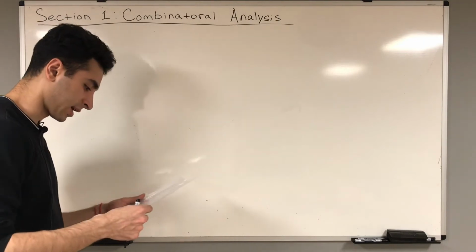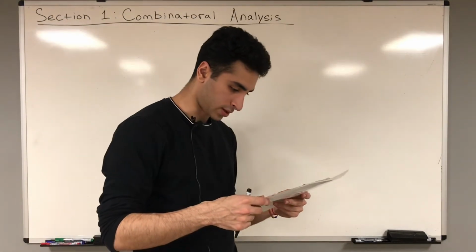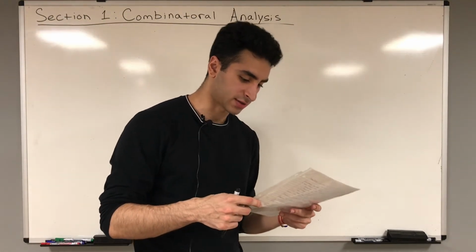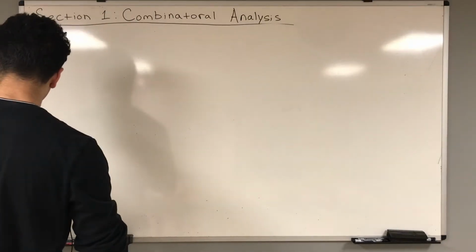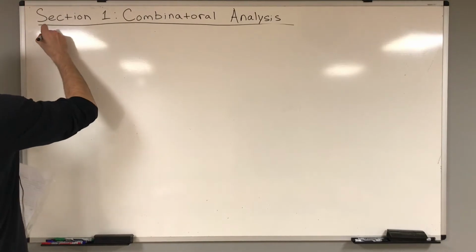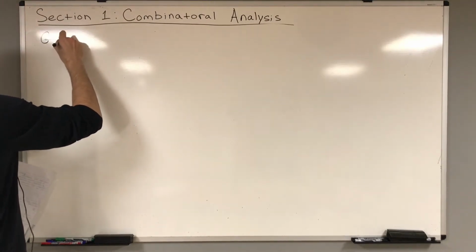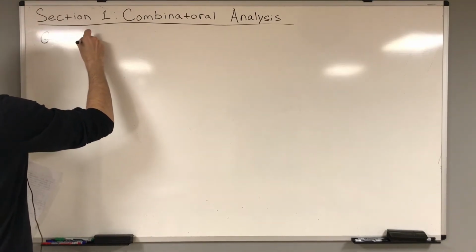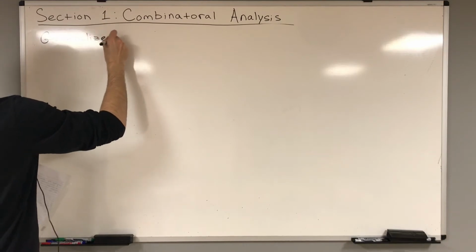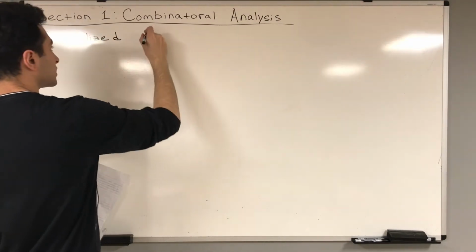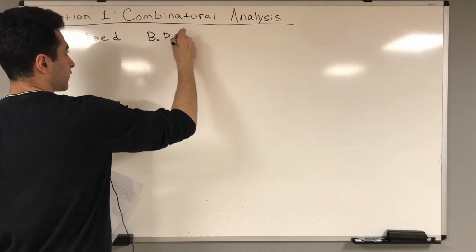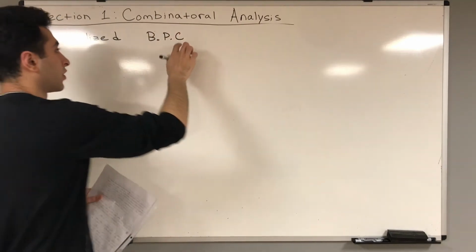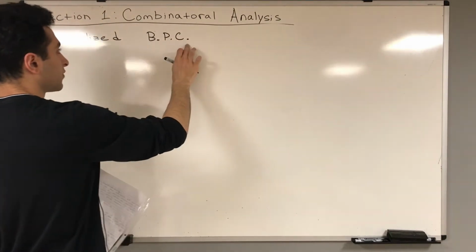Okay, so this is a segue to the generalized basic principle of counting. Now we want to generalize it. So this is our second definition: the generalized basic principle of counting.